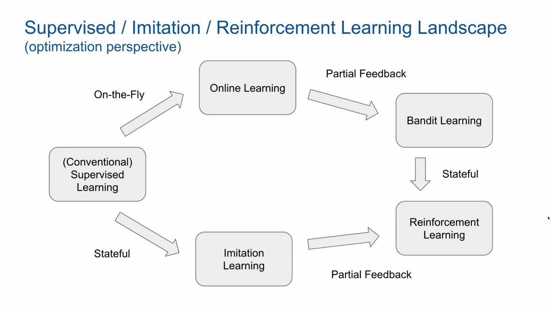Let me backtrack slightly. Clever is in the eye of the beholder. The methods that we'll cover today will seem pretty basic or simple. Nonetheless, I think they are clever in the sense that if you make your method too complicated, then it's harder to understand when it works and when it doesn't work.